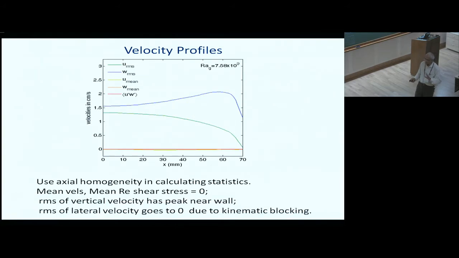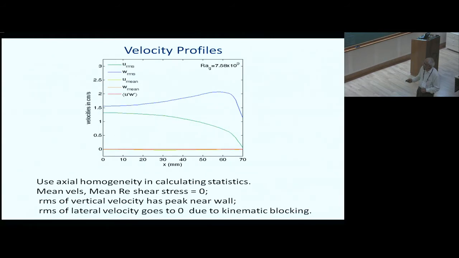So there is absolutely no mean flow. Everything is fluctuating flow. The mean Reynolds shear stress is also 0, which means the turbulence production due to shear is 0. So all the production of turbulence is purely due to buoyancy.